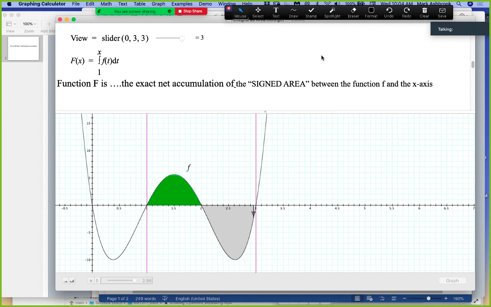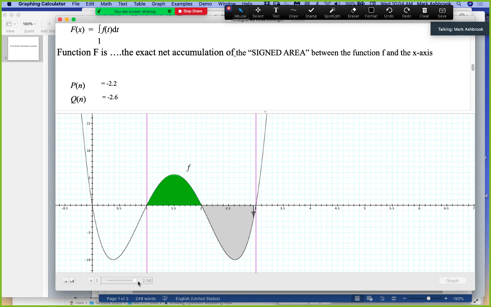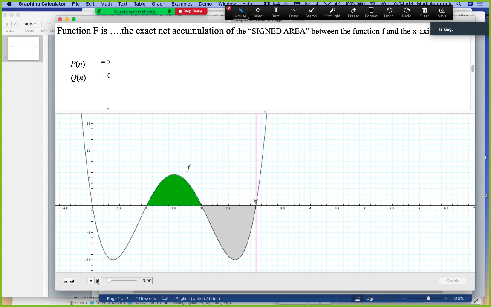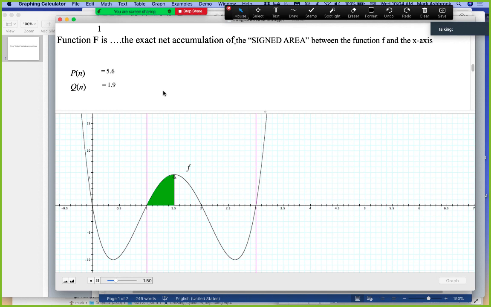Okay, so here are some functions, p and q, and I want you to watch this. So looking at the values as x increases, the current value of x and the current value of the function are shown by the edge of this region, and the arrow shows the function value.